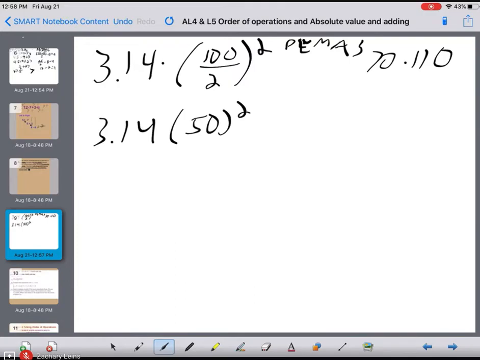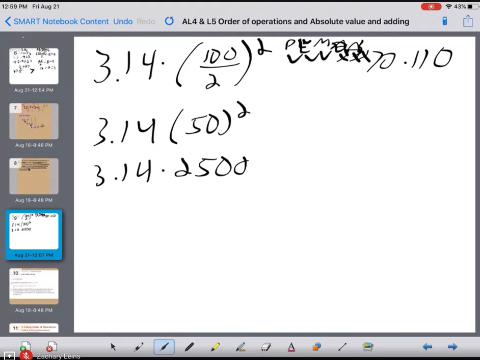So therefore, parentheses, exponents, let's take care of that. If we do 50 times 50, 5 times 5 is 25. We have 2 extra zeros. That should be 2,500. I'm just going to double check on my calculator. Beautiful. So we're at 2,500 all times 3.14. And we're just left with multiplication. We didn't have any division, addition, or subtraction, so I'll just cross those out.